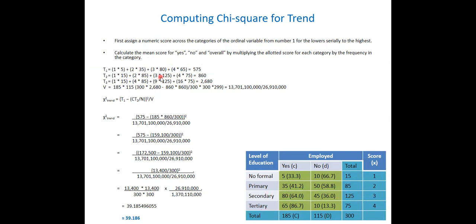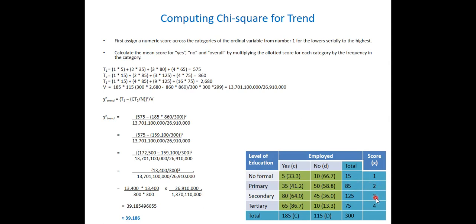That's for T1. The T2 is looking at the total. Can you see? 1 times 15 plus 2 times 85 plus 3 times 125 plus 4 times 75. The other one is looking at the square of the rank, x squared, that is 1 squared times 15, 2 squared, which is 4, times 85, used to multiply the total also.